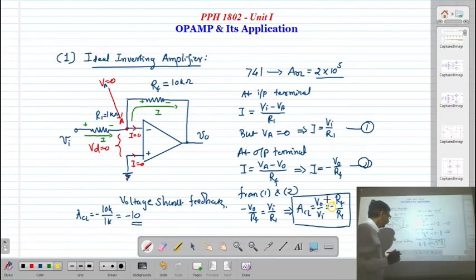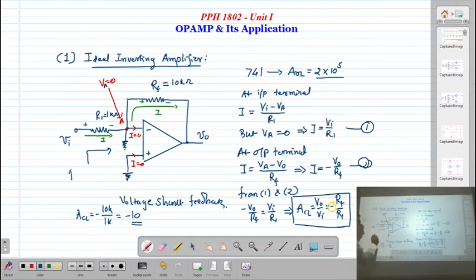Now if you see what the input resistance is, here you will find that this terminal behaves like a ground. Correct? So the resistance seen at the input terminal will be what?